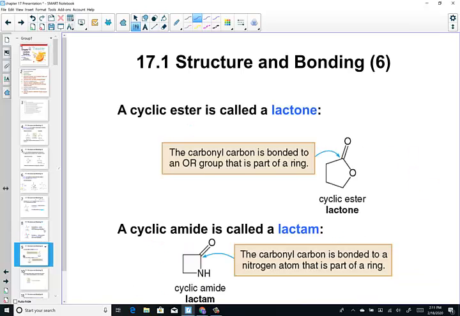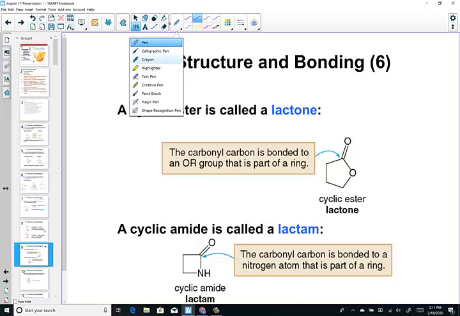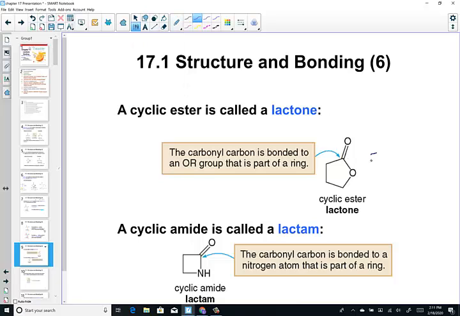Cyclic structures. Cyclic structures occur as well. Let's take a peek at a cyclic ester, which would be called a lactone, and a cyclic amide, which would be called a lactam. When we draw, notice here we would have a 5-membered ring, and in that 5 member, here is your carbonyl carbon.